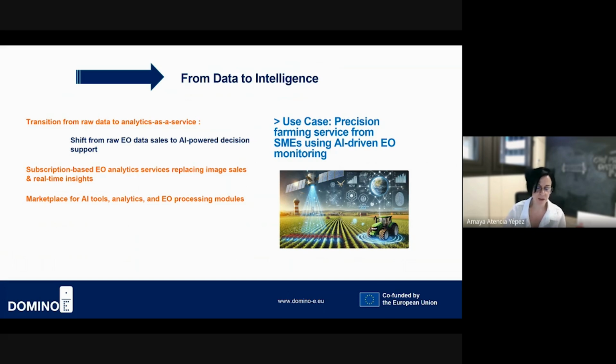This is very linked to cloud services or marketplace services, with tools that support the creation of new AI services, and also geointelligence provided to the final users. So this is a tremendous evolution that we call moving from data to intelligence.